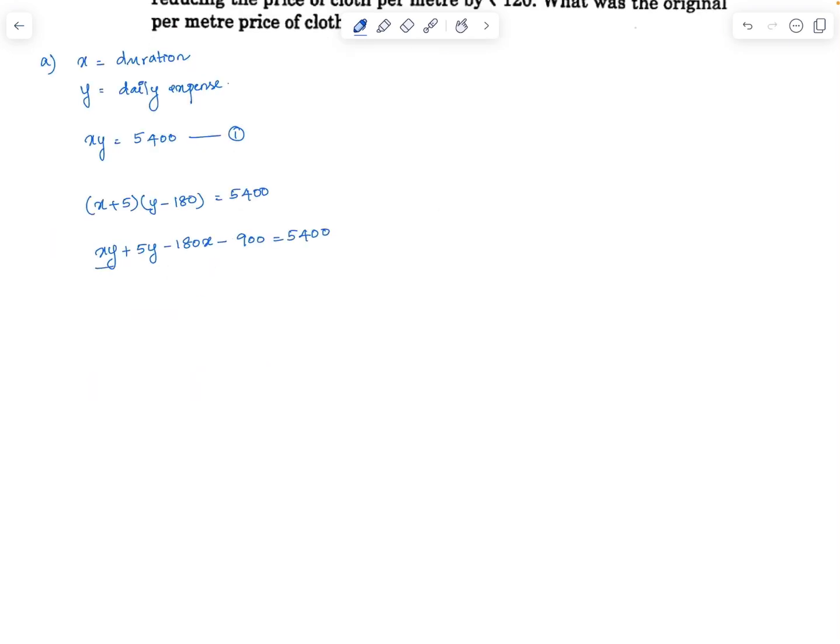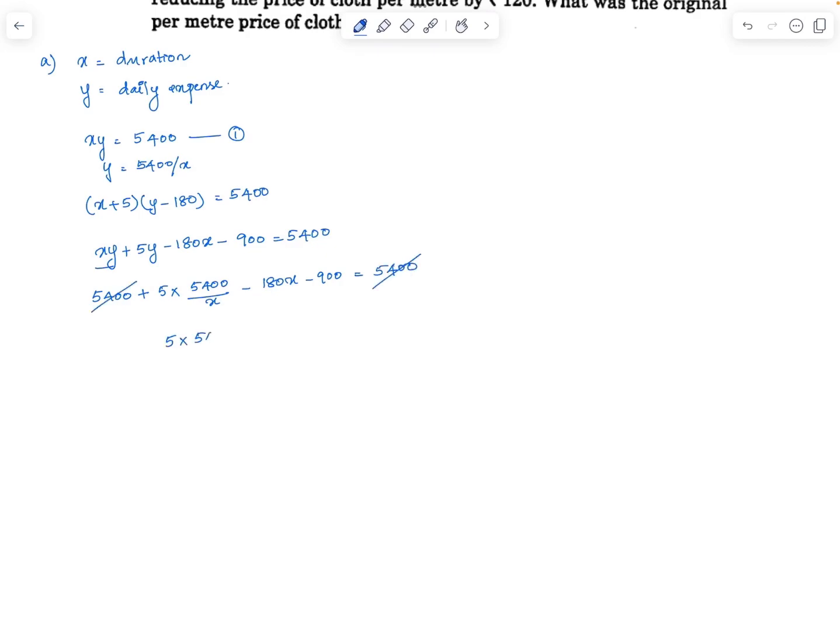Here xy is 5,400 according to equation 1, plus 5 times y. y can be expressed as 5,400 upon x. So replacing that, we get 5 into 5,400 upon x minus 180x minus 900 is equal to 5,400.